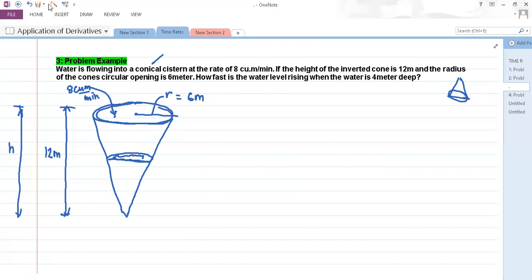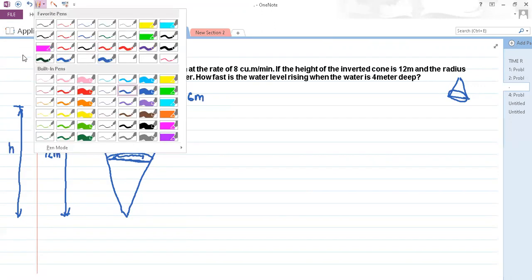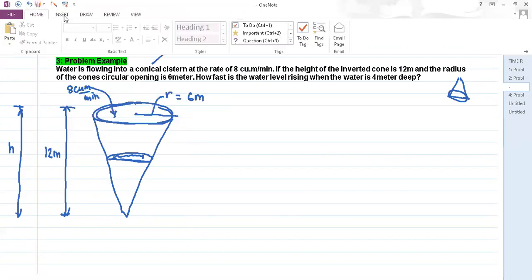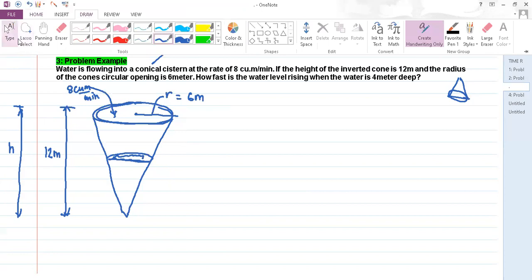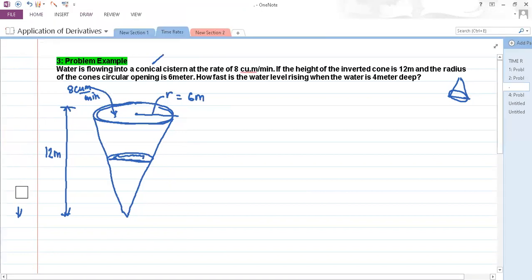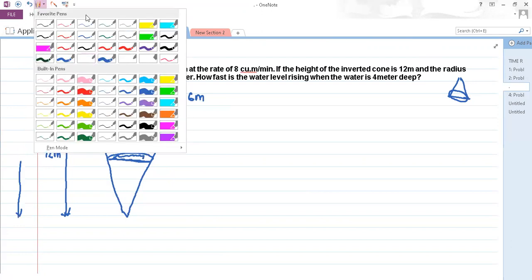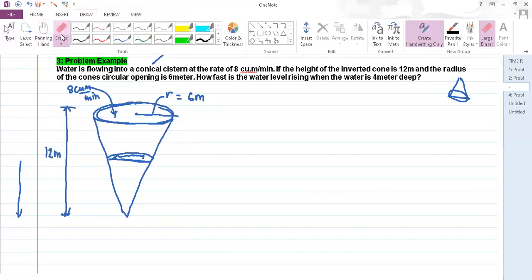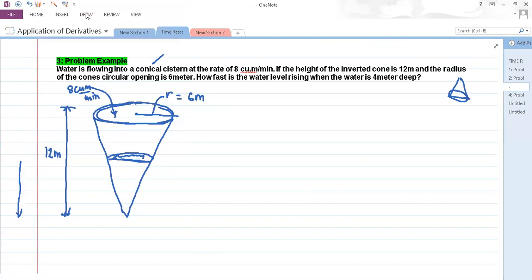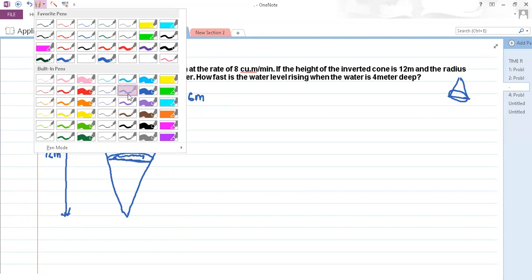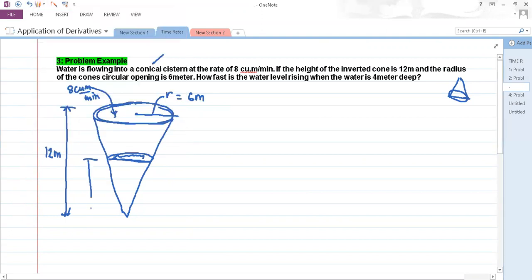So let's denote this. Meron na tayong H na 12. Ito yung i-denote natin na H, variable na H. So how fast daw is this water level rising?